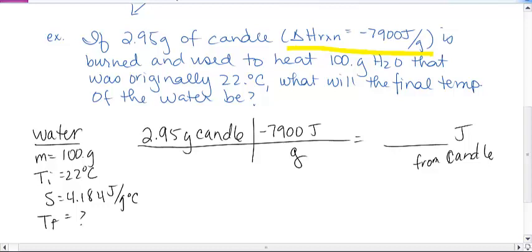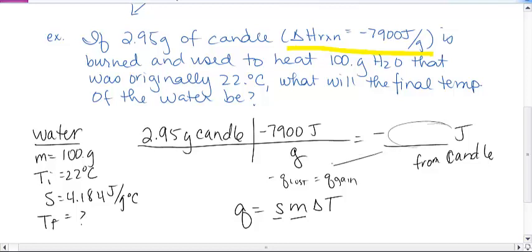But what equation am I going to use for the water? The SM delta T. So I'm going to use Q equals SM delta T. I know the specific heat of water. I know the mass of the water. Do I know the Q? Sure, because I know I get some negative number here. But I know negative Q lost equals Q gained.